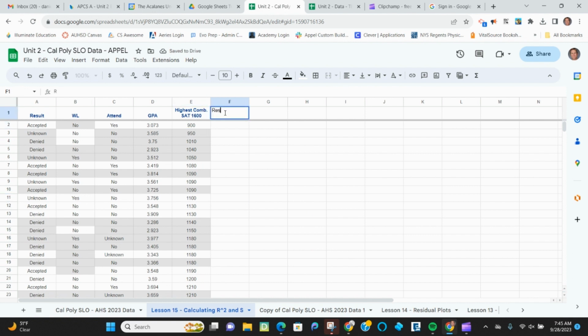So I'm going to have to calculate my residuals. And to do that, I need to know the slope, and I need to know the intercept. So I'm going to type in slope and my y data, right?